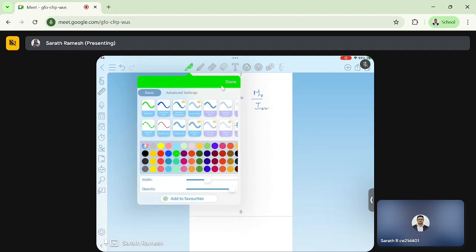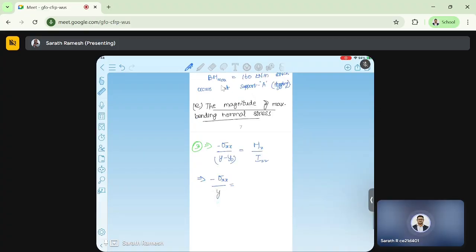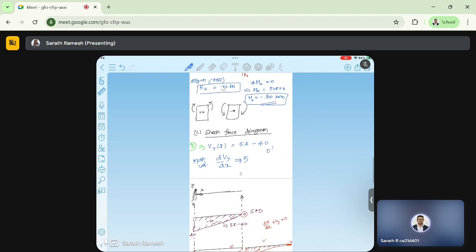Now substitute here. Y naught is 0 because here we are fixing the origin at the centroidal axis. By the way, these expressions are true only for the regions inside the beam, 0 to 8.